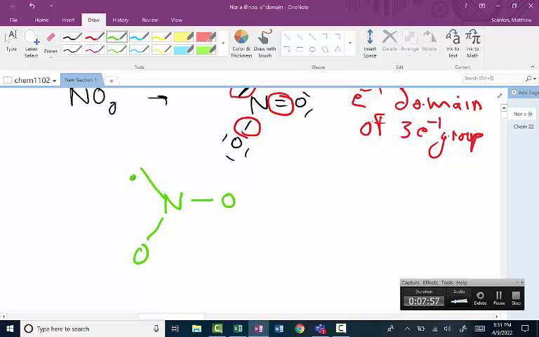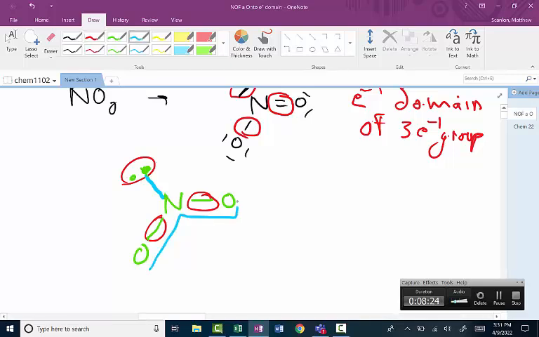This is not a Lewis dot structure. I'm just drawing this blue line right here so that I can see where the electron pair is. This electron pair takes up space, as does this one and this one. So I have three electron groups around it. That is a trigonal planar domain, but the shape is only the shape of the atoms.